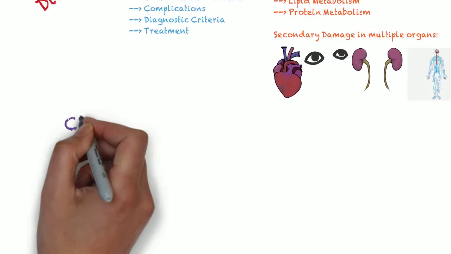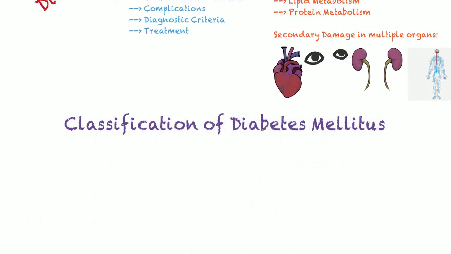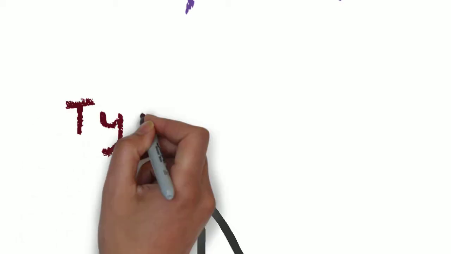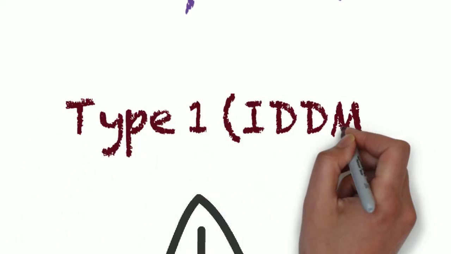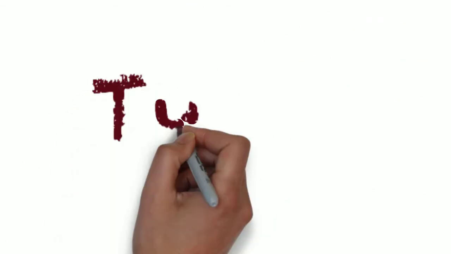Going on to the classification of diabetes mellitus. Diabetes can be classified into four basic types. The first one, type 1 diabetes mellitus or insulin dependent diabetes mellitus. The second, type 2 diabetes mellitus.